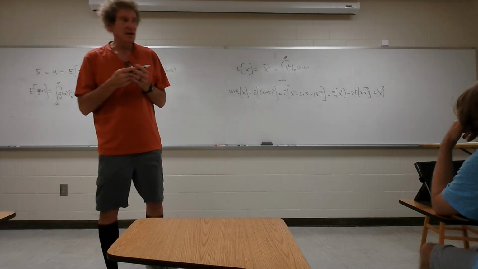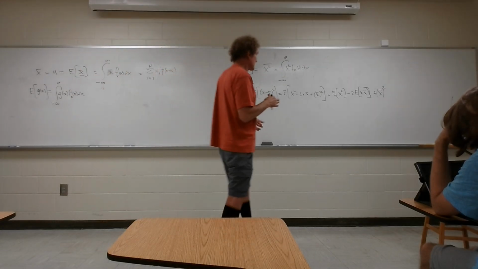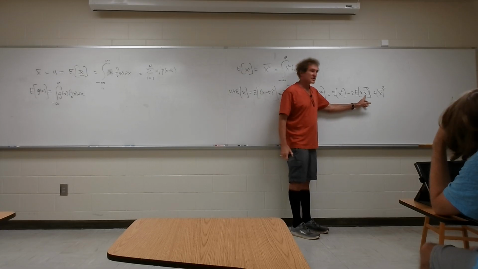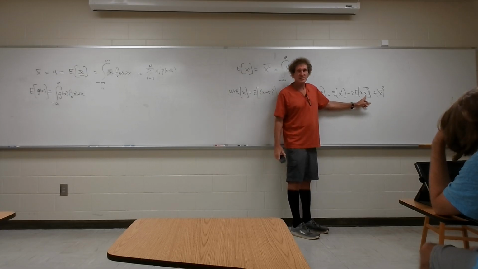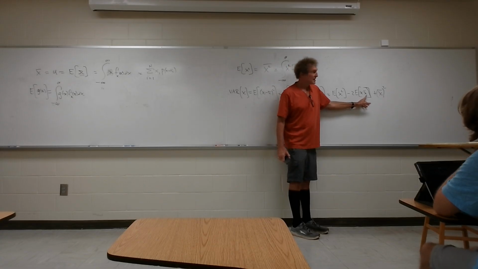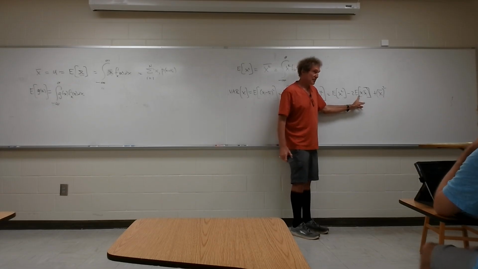There's nothing tricky. Here's the one you have to be careful of. Now, x bar is a constant. I want to make sure I get your attention on this one. You agree with this, class? If x bar here is a constant, see it right there, I can pull that in front of the expectation operator.